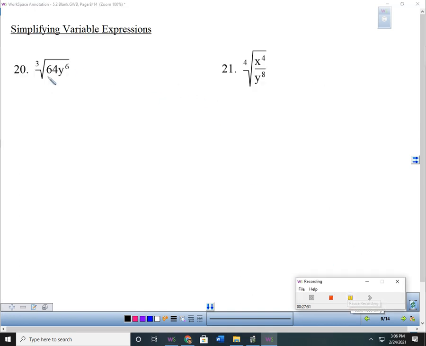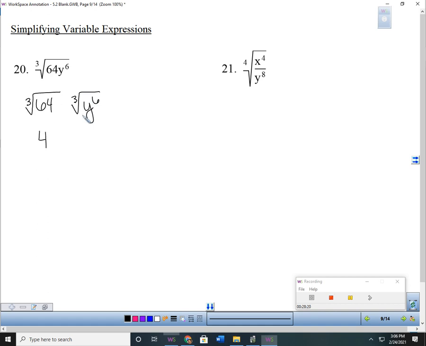All right, so again, we're doing the same thing with the cubes, except now we're adding in a variable. So focus on the number, and then focus on the variable. So first, always check to see if this is a perfect cube. 64, is that a perfect cube? Yes. The cube root of 64 is 4.